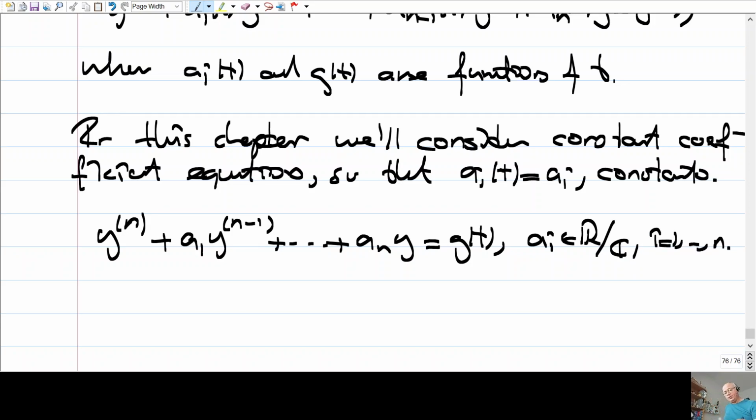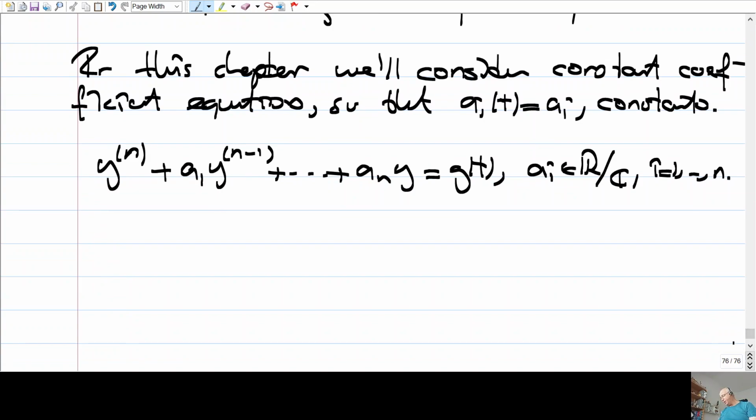We will see later that when the a_i's are not constant, the theory is nice, but things get complicated. They are not actually easy. So we will consider them later. First, we will consider only this kind of equations.